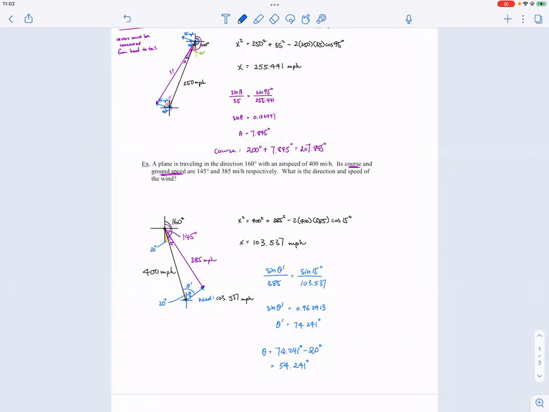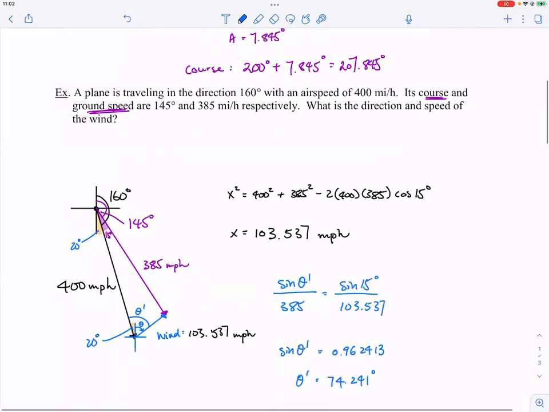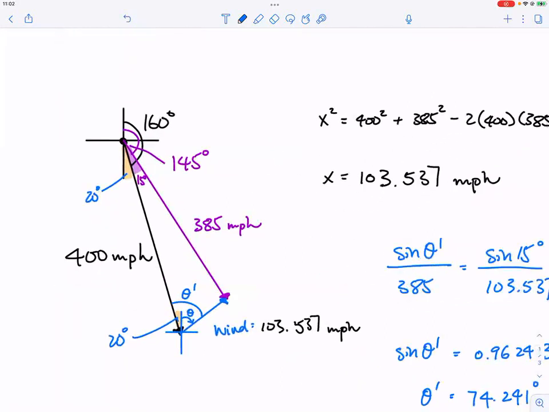And in order to find the resultant, all the individual vectors must be connected head to tail. And you can always use law of cosines or law of sines to find out whatever you need. But the other main thing is that with the law of sines and cosines, you can actually solve the triangle. You can find out all the angles and all the sides with the information given.